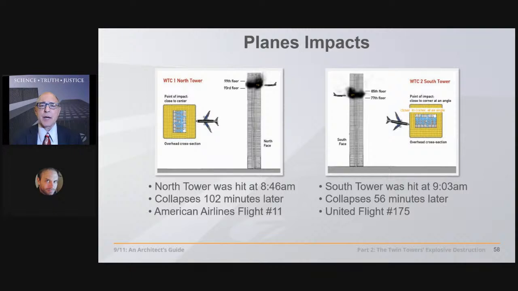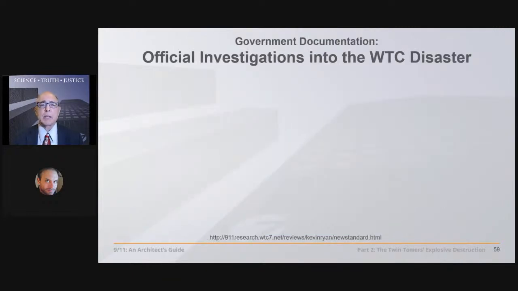And in the case of the South Tower, which was hit 30 stories down, 15 stories lower, the tower was hit at 9:03 and it collapses an hour later. So it's pretty much normal office fires that were started by jet fuel that caused the towers to come down, with some impacted columns, of course, which could not possibly have been the cause of the symmetrical collapses, fairly symmetrical, which we'll be looking at.